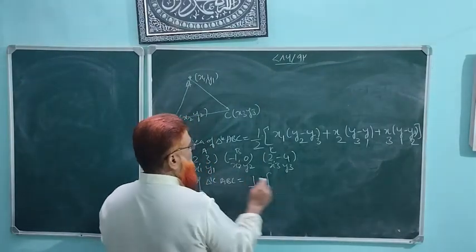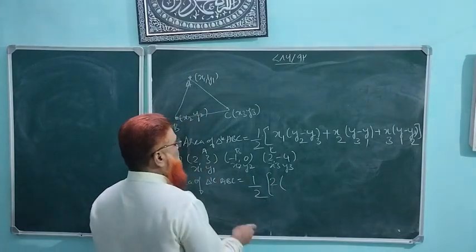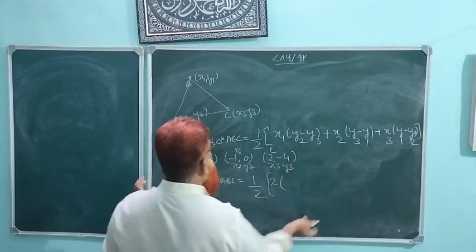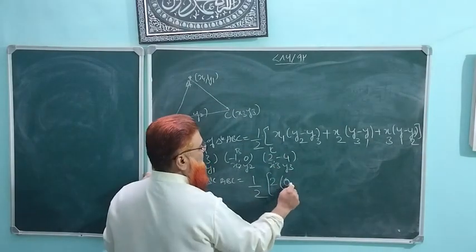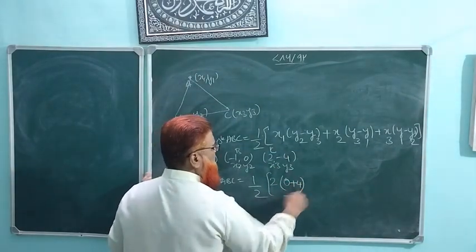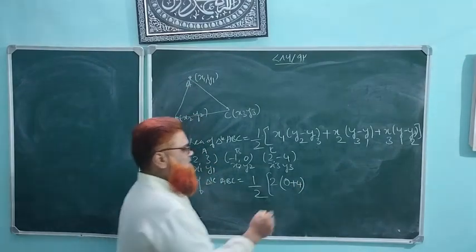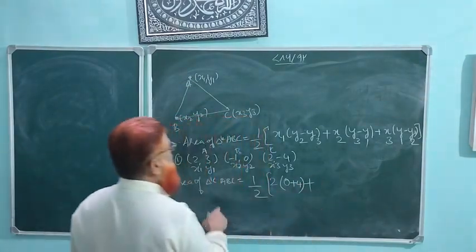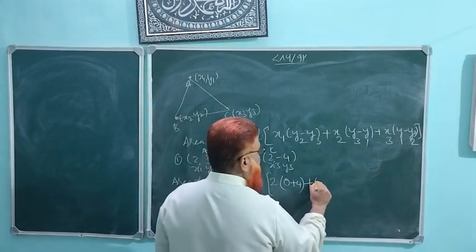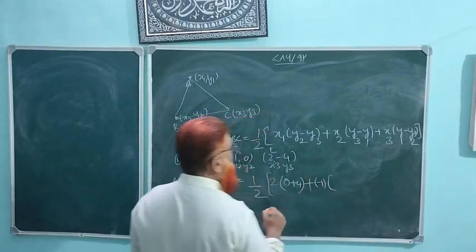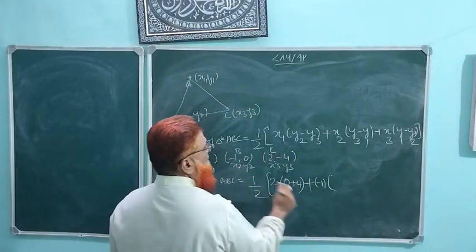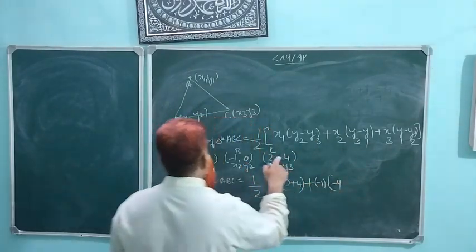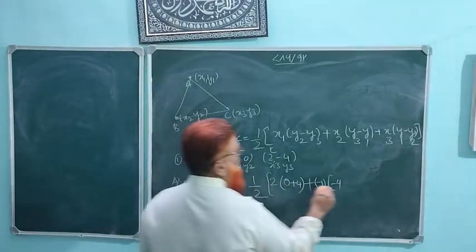Now this one you have to write. x1 is what? 2 into (y2 minus y3). y2 is 0, minus y3 is minus 4. Minus of minus, it will be a plus 4, plus x2. Find out what is x2. It is minus 1 into what? y3 minus y1. y3 is minus 4 and y1 is 3.